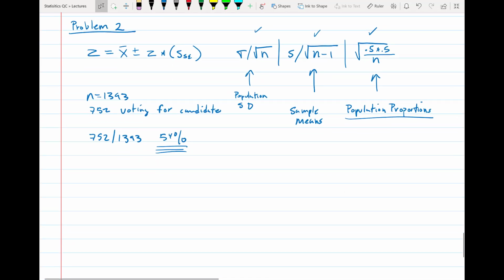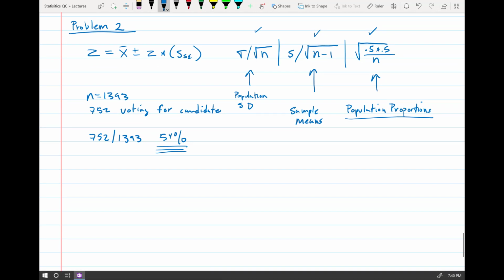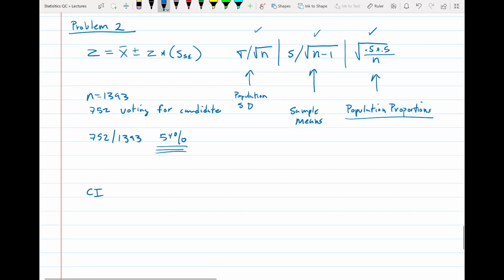All right, so how do we solve this problem? Well, the basic structure of the Z formula is the same. The confidence interval is going to be the population proportion that we're starting with. In this case, it would be 54%. I'll write it out as 0.54, plus or minus our Z value.